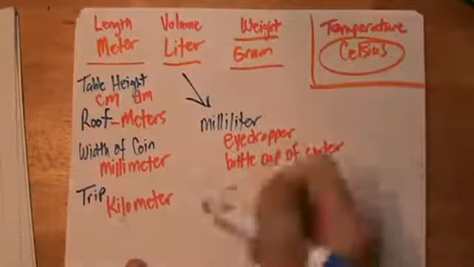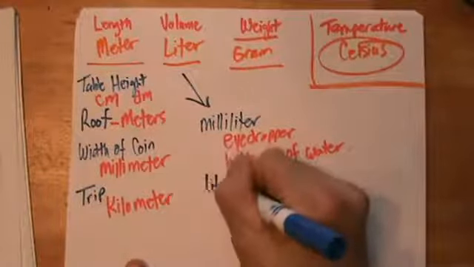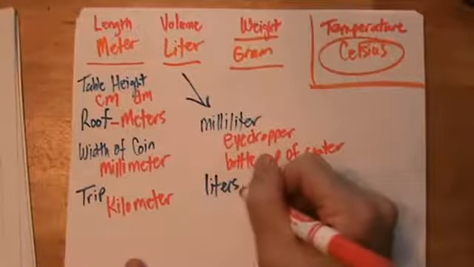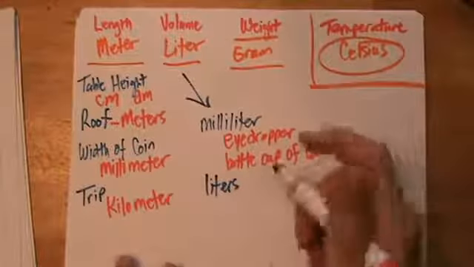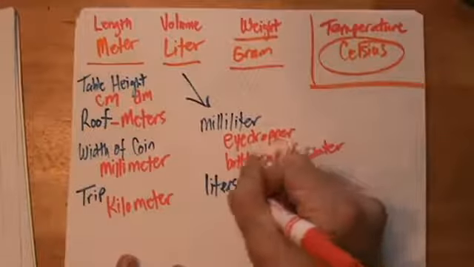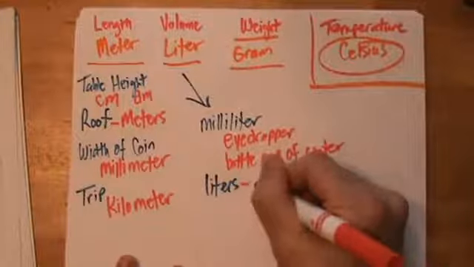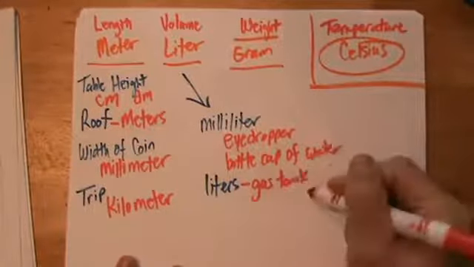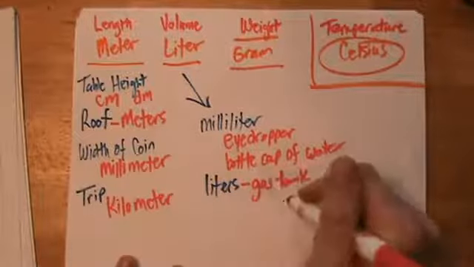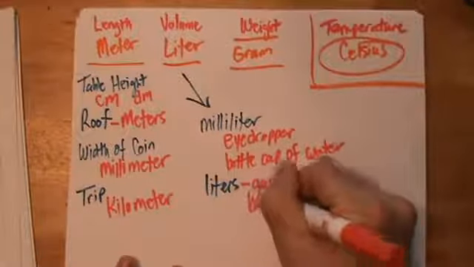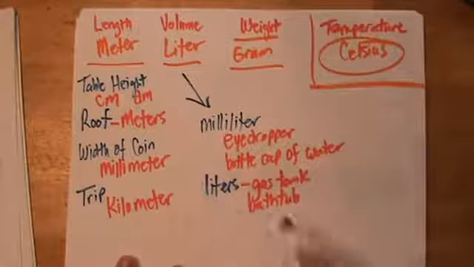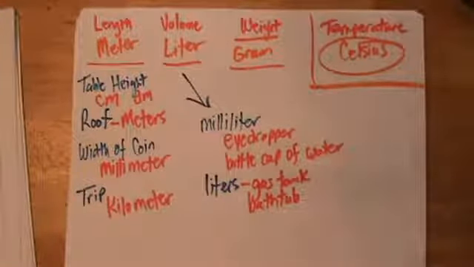And then liters. Liters are going to be measured in, so that's a half of a 2-liter bottle of pop. A liter I would use to measure, for example, how much gas in a gas tank. Or maybe I would use liters to figure out how many liters in a bathtub. So that amount of water might be a good example of where you would use liters as a measurement.